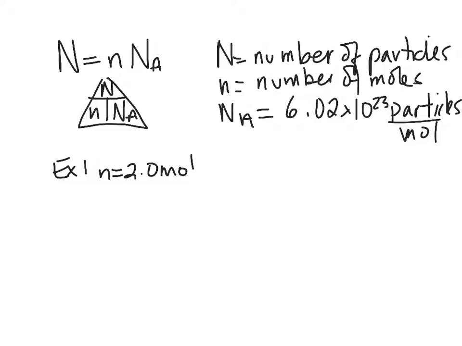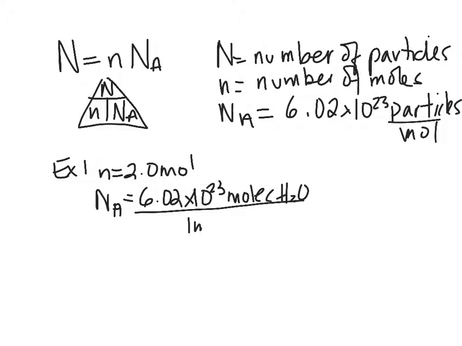So we know Avogadro's number, 6.02 times 10 to the 23 molecules of H2O per 1 mole. Or you can write per mole. You don't have to write the 1, but we're going to use it later. So that's what we know. We're looking for how many, so we're looking to find big N.